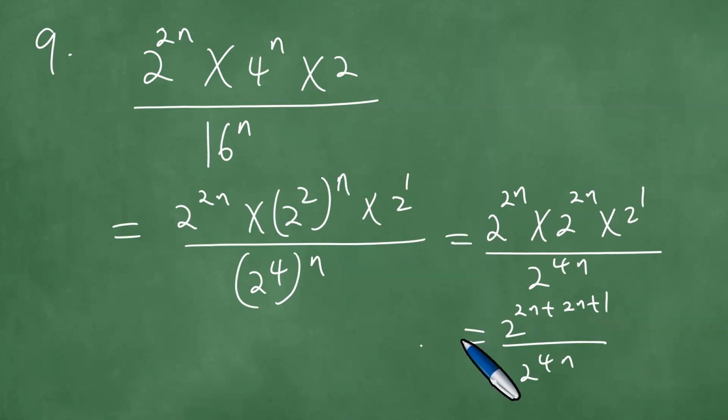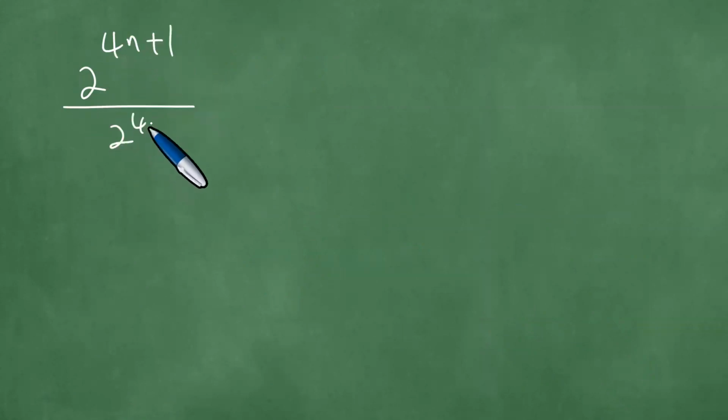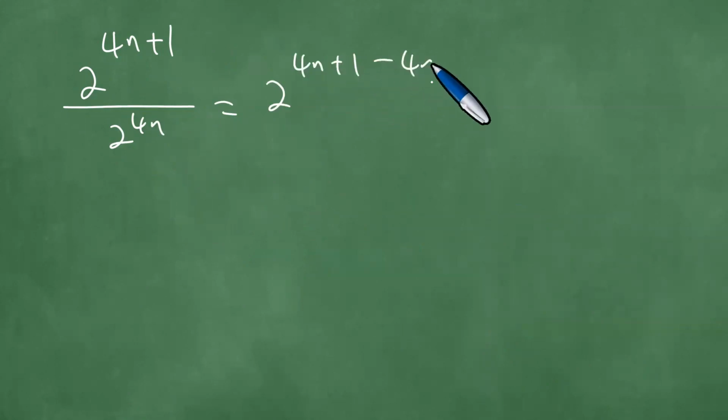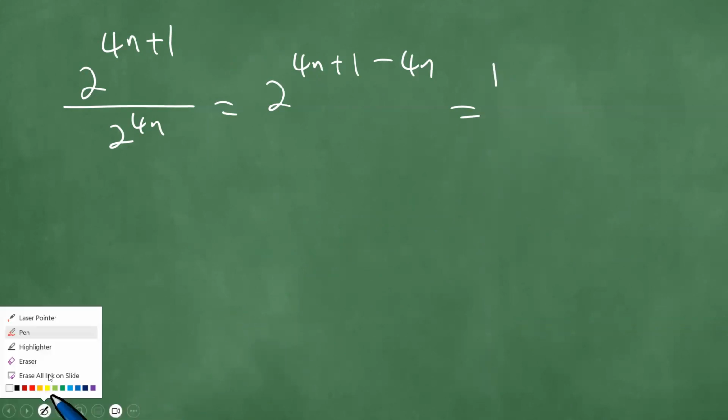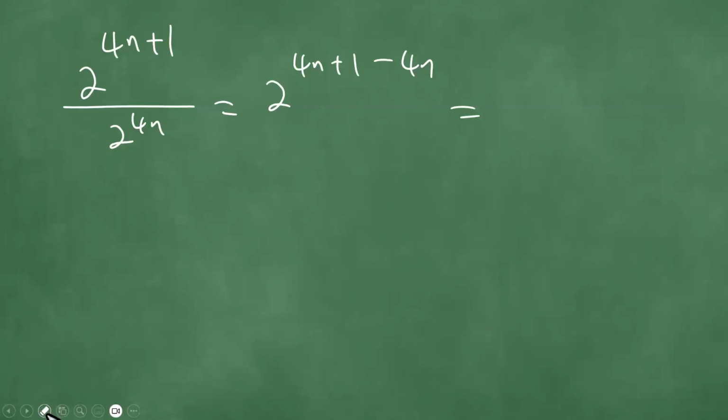Okay, what is 2n plus 2n at the top? 2 to the power 4n plus 1 divided by 2 to the power 4n. Okay, what is 4n minus 4n? It's 2 to the power 1. Okay. 2 to the power 1 is what? It's 2.